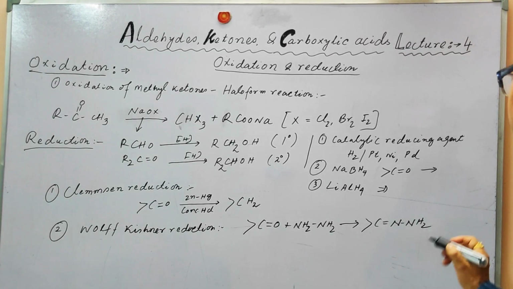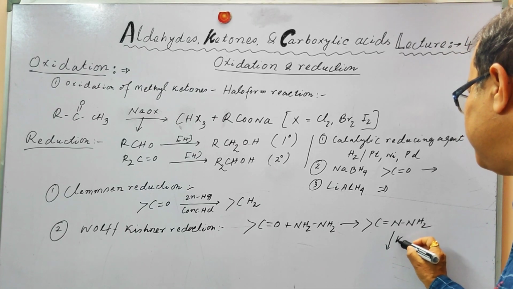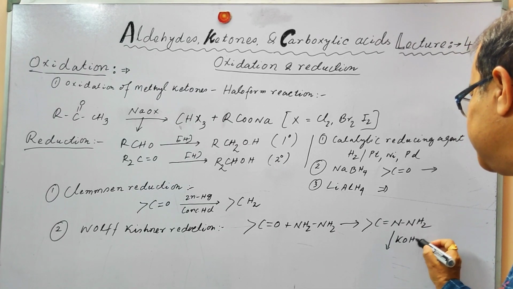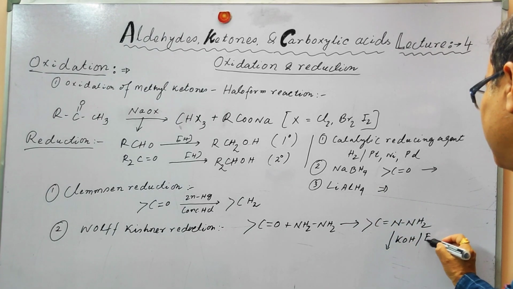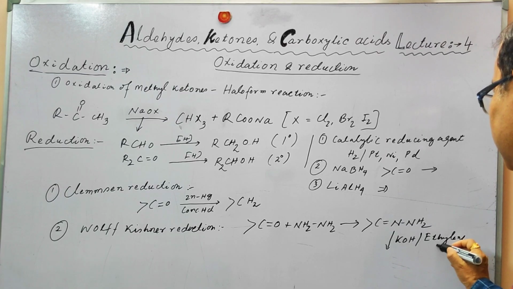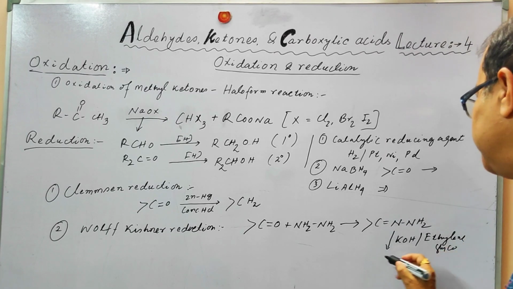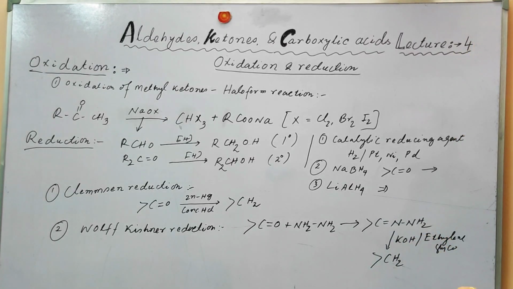And after that, what do we have to do? Now you have to boil with KOH in a high boiling solvent, that is ethylene glycol. So it is going to produce this.